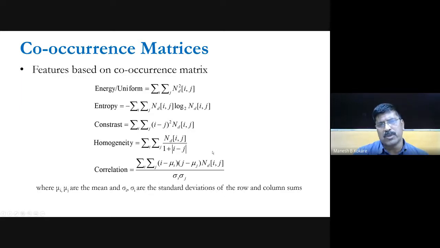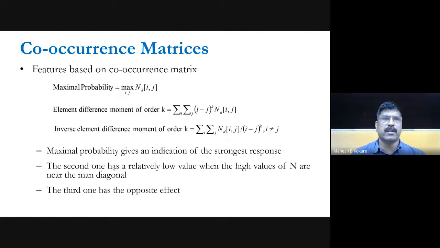So from that you can find the correlation as a feature. So from the co-occurrence matrix you can extract the energy, entropy, contrast, homogeneity and correlation features. So these 5 features you can extract from the co-occurrence matrix, and that is directly on the spatial domain, right? So these are the features you can extract.